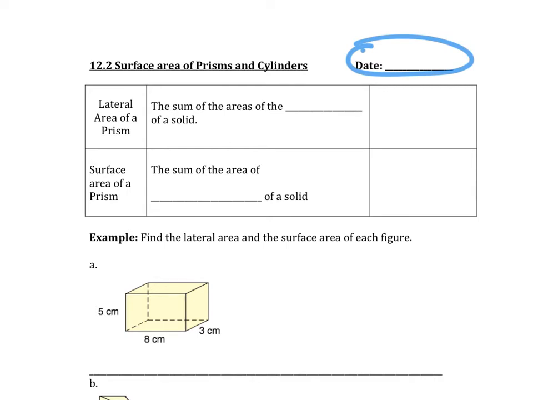So, the lateral area of a prism is the sum of the areas of the lateral faces of that solid. Alright, so I'm going to give you a formula over here. Lateral area, so L, equals P times H. P is the perimeter of the base of the prism, and H is the height of the prism.